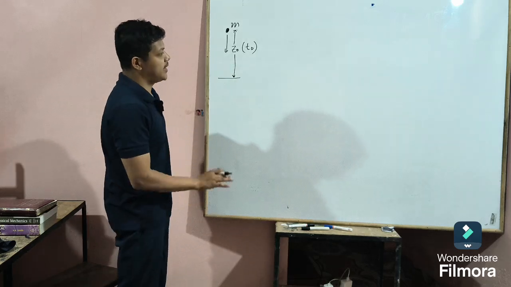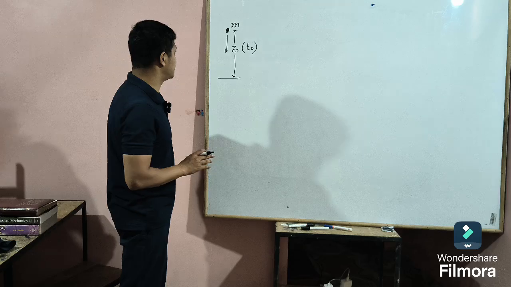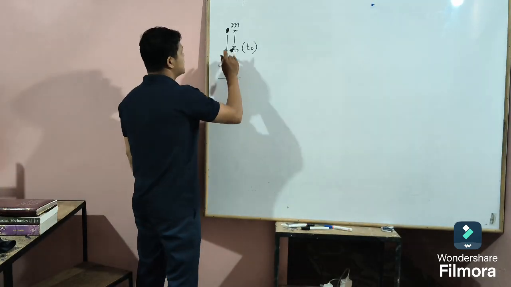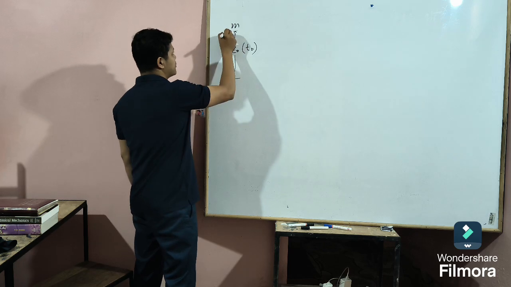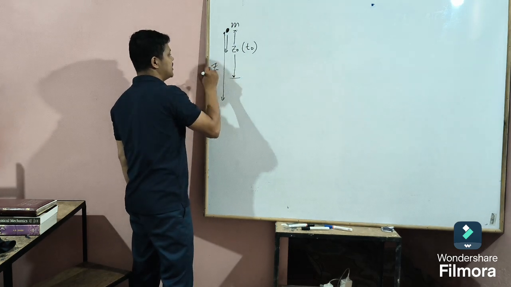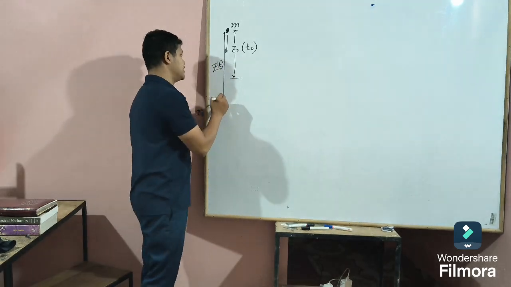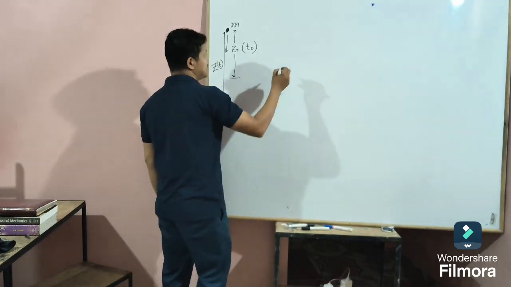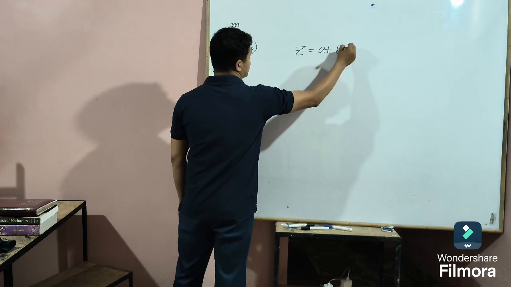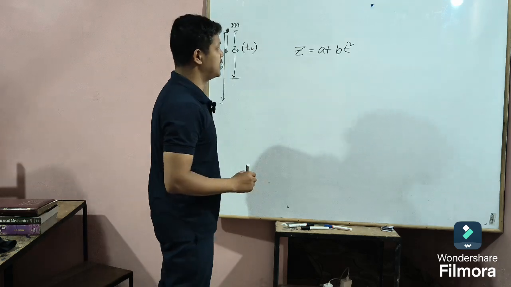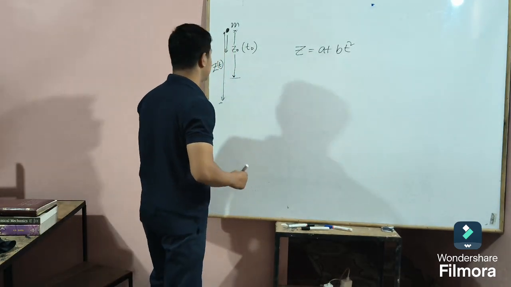And for a given time t, suppose this is the distance covered by this particle, z. So in time t, this z is given by a plus bt square, which is already given in the question, right?